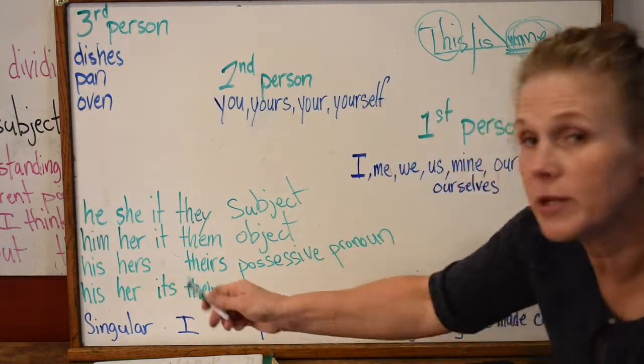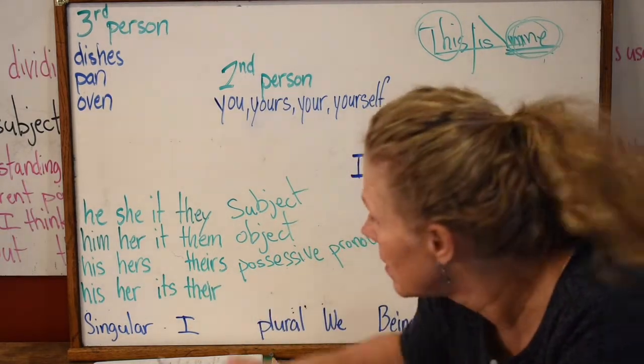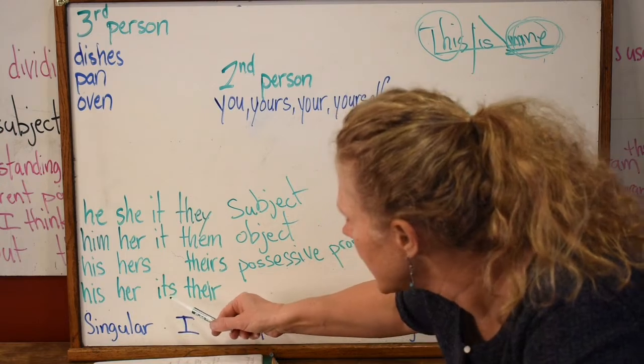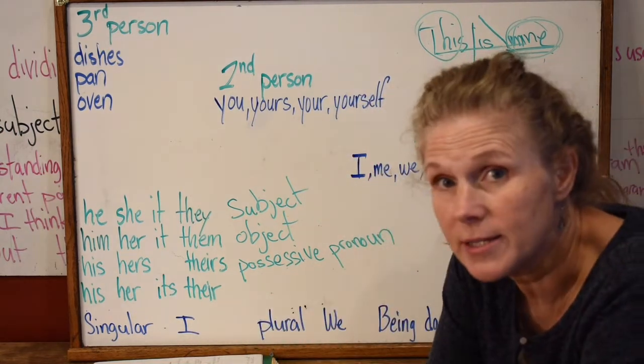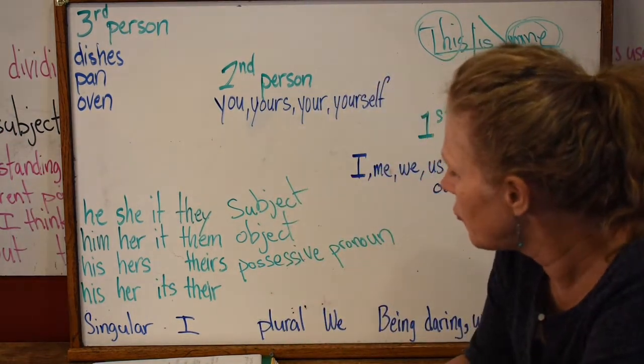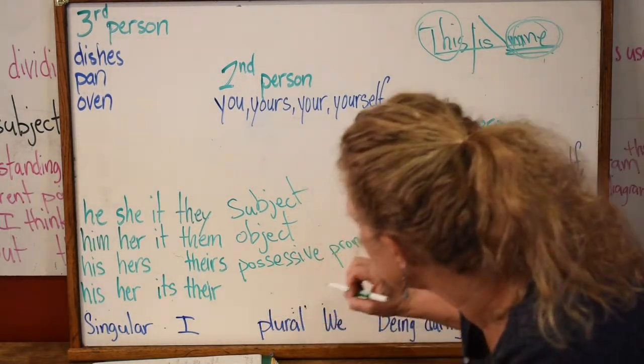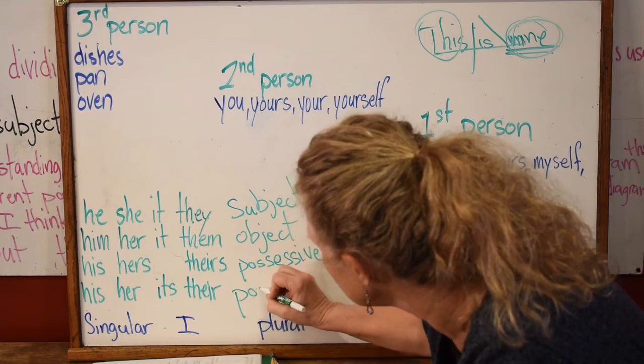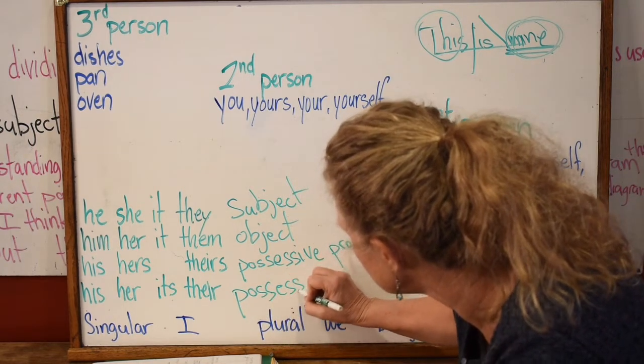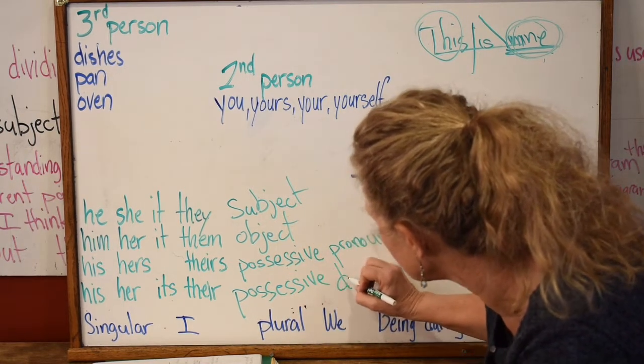These ones are possessive. So now look what's happening here. His, her, its, their. What are these? Yeah. Okay. So they are possessive determiners.